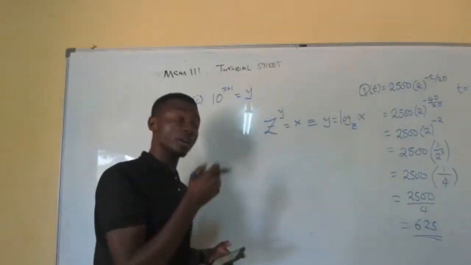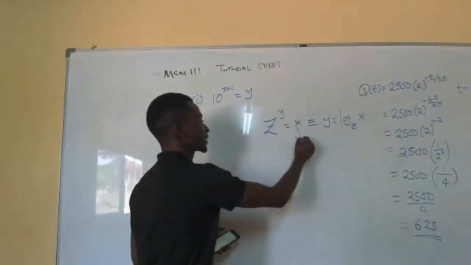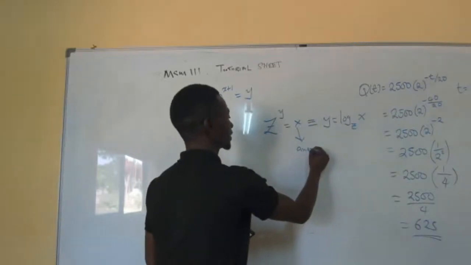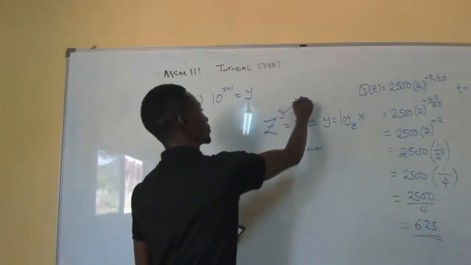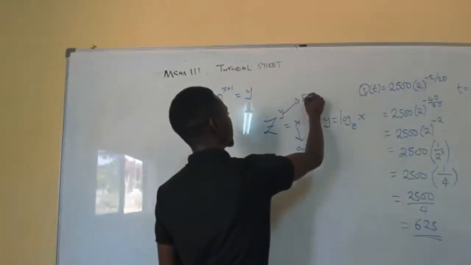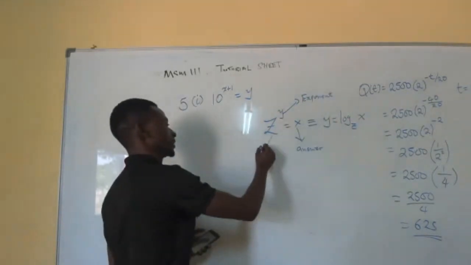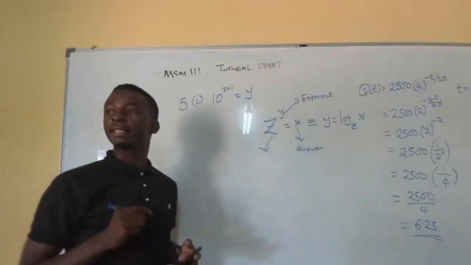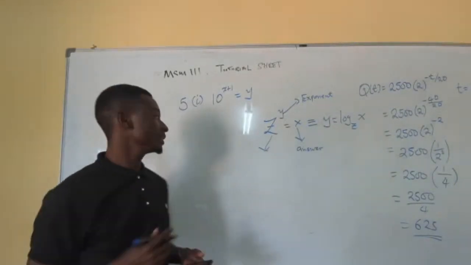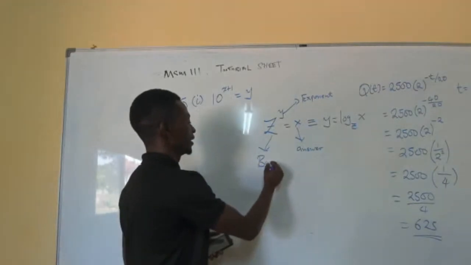What you're supposed to know here is that x is your answer, y is the exponent, and z is the base.